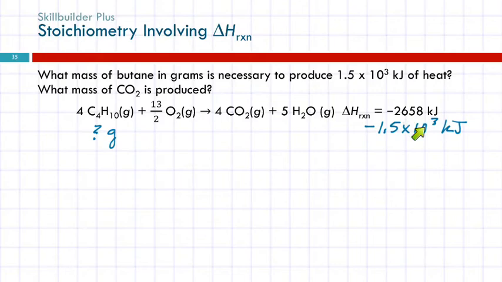So here we've got a number over here, and we've got a question mark here. We're starting with kilojoules, and we're going to grams of butane. So we're starting with negative 1.5 times 10 to the third kilojoules, and I'm trying to get to grams of butane, C4H10.